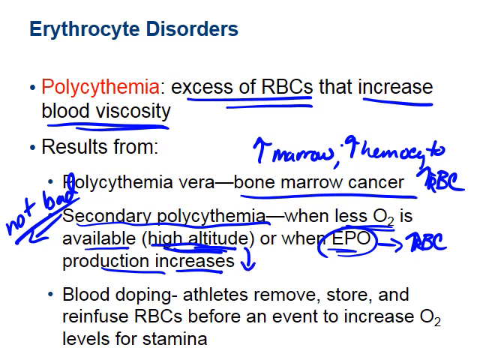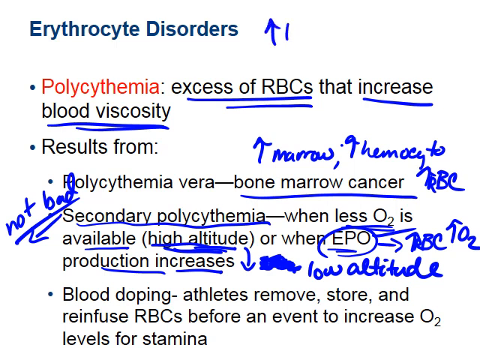The only time it can become bad is if you go back to, say, a low altitude. So you've done all your training, you won your competition thanks to your EPO making more red blood cells and carrying more oxygen. You go back to your low altitude, remember your red blood cell count is still really high.